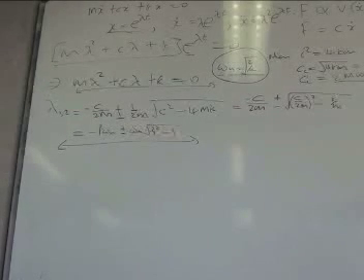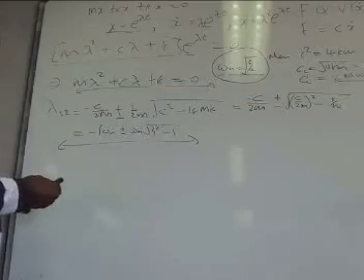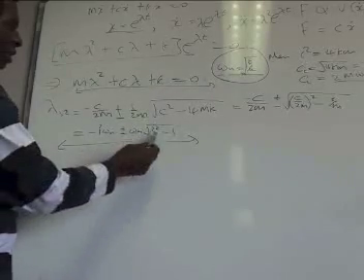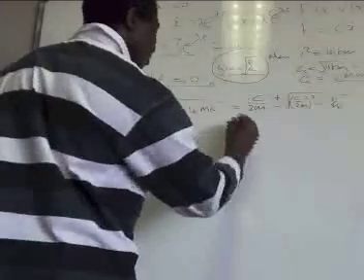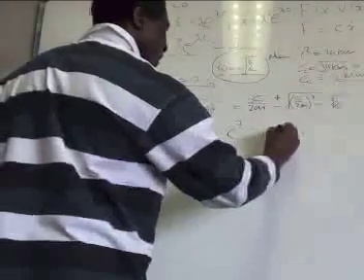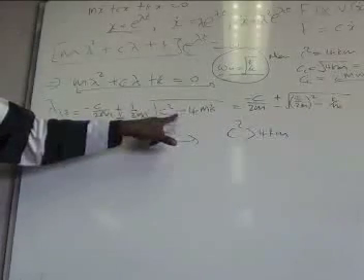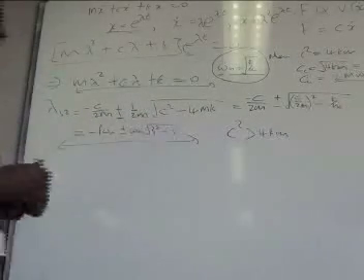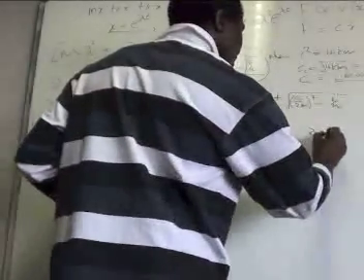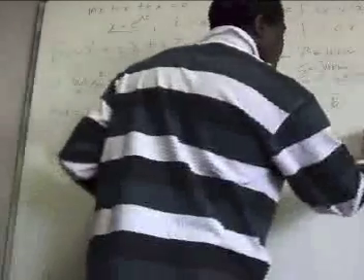Now, in an overdamped system, we can say C squared is bigger than 4km from there. Or if we want to specify from here, you can say zeta is greater than 1. Then the system is overdamped.